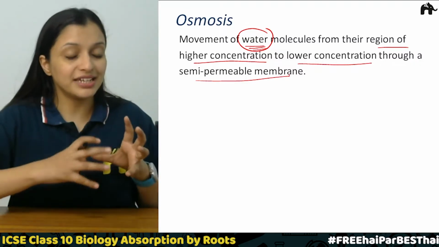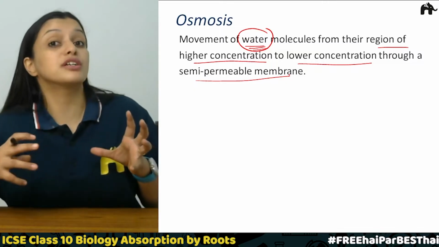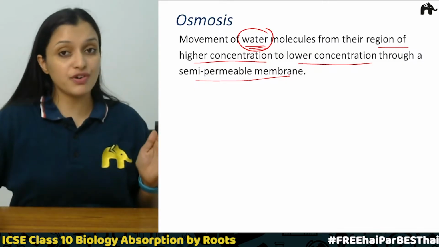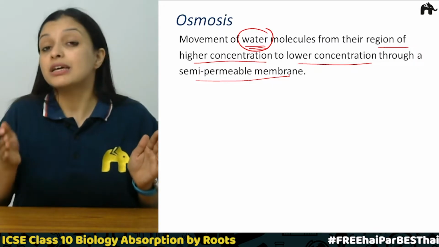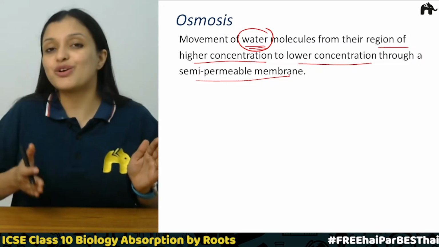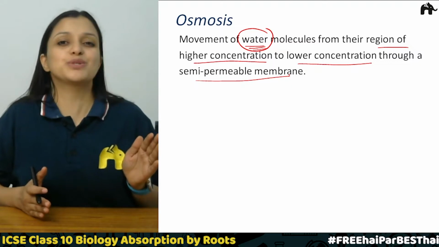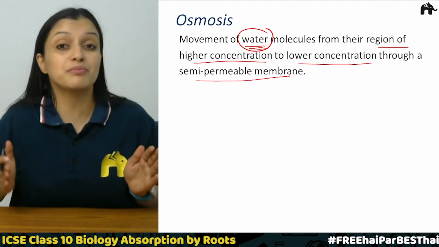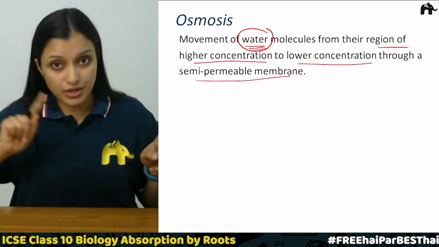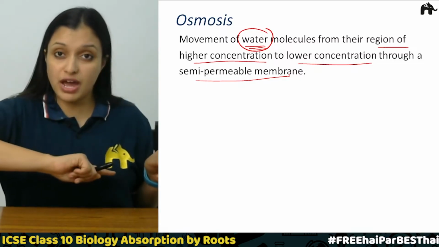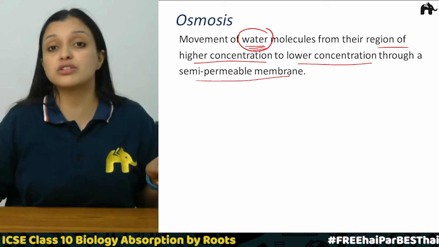So there is movement of water molecules from the region of higher concentration to the region of lower concentration, and now there is a barrier, or an obstacle course, in between, and that is the semi-permeable membrane. Remember, in diffusion, the solute particles were moving from their region of higher concentration to the region of lower concentration.